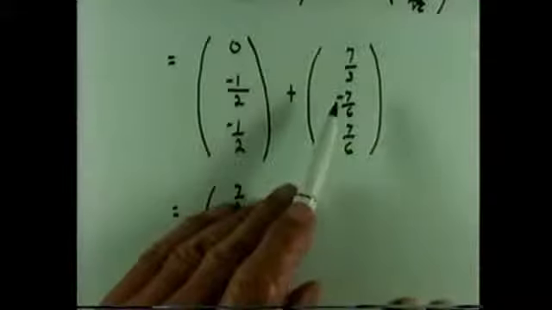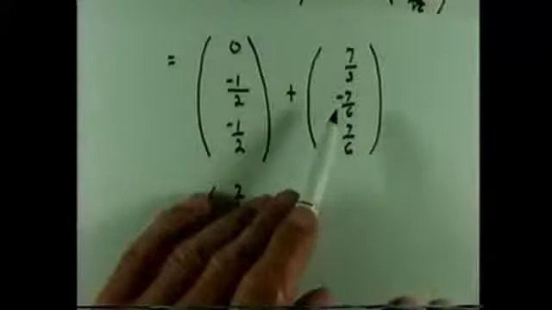Zero plus 7 thirds is 7 thirds. A negative 1/2 minus 7 sixths: negative 1/2 would be a negative 3 sixths. Negative 3 plus negative 7 is negative 10 sixths, which reduces to a negative 5 thirds.